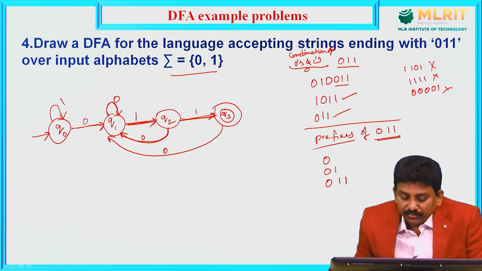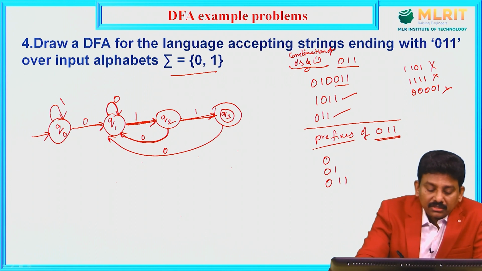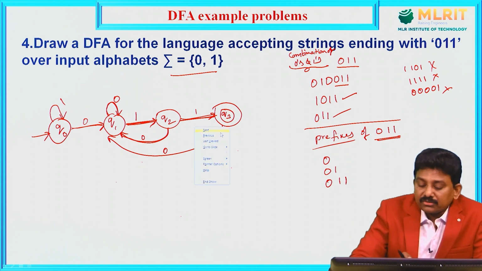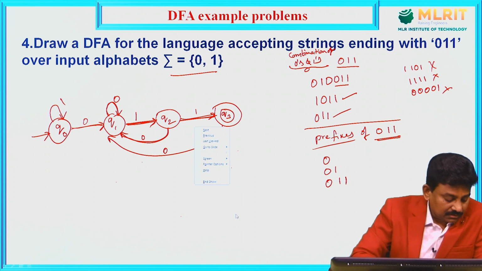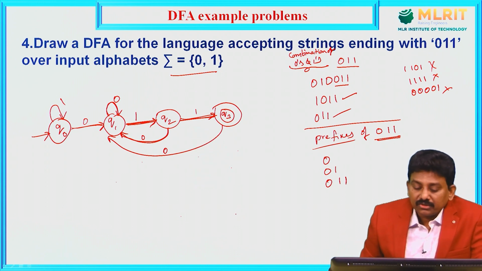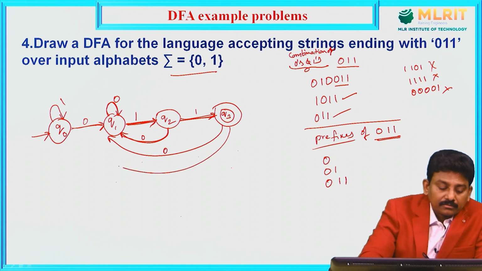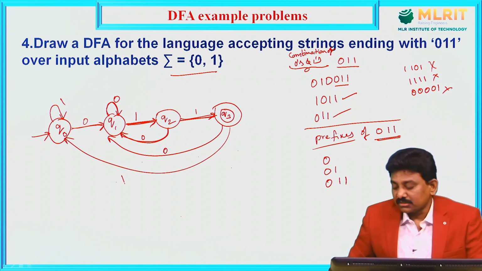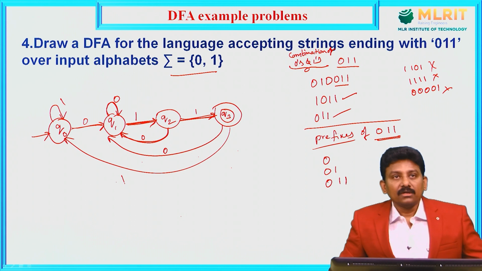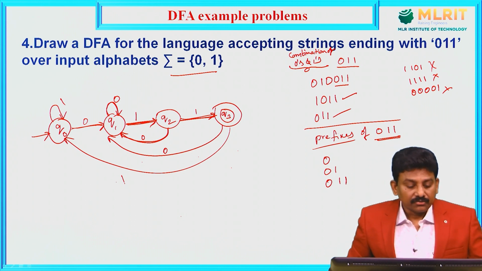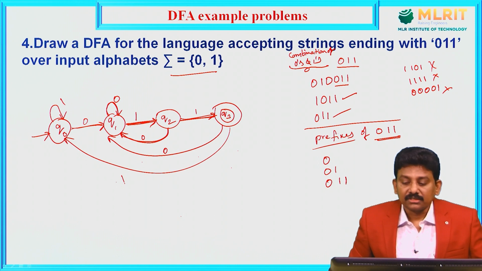Then if you read 1 in Q3, 1 is not a prefix of 0 1 1, so I can go to the initial state. This is the DFA transition diagram for the language accepting strings ending with 0 1 1 over the input alphabet 0 1.